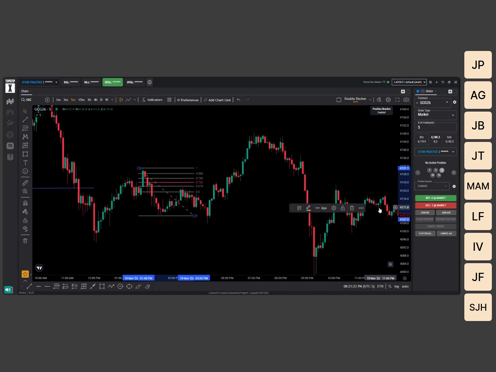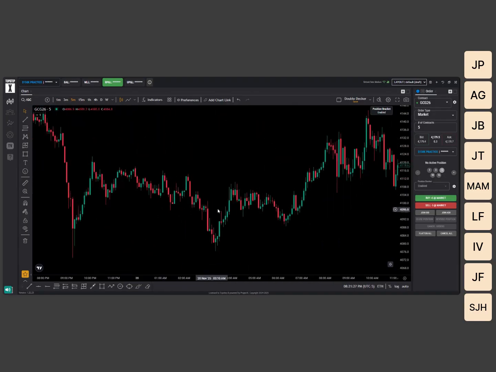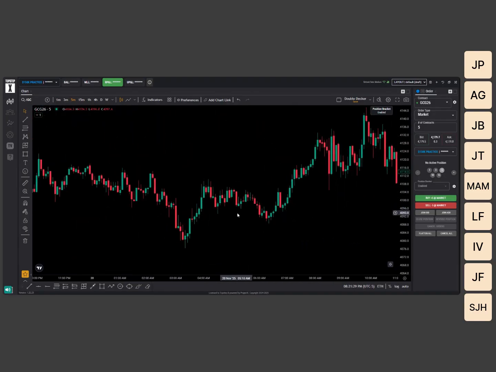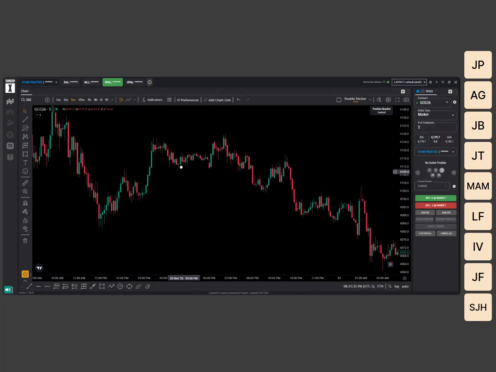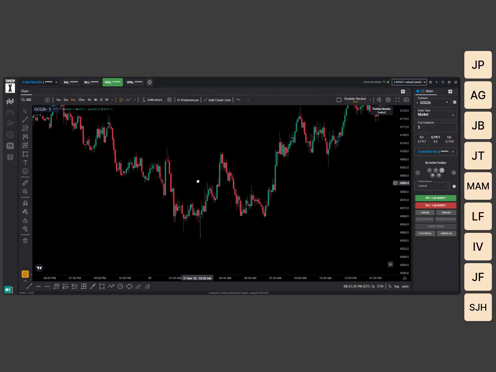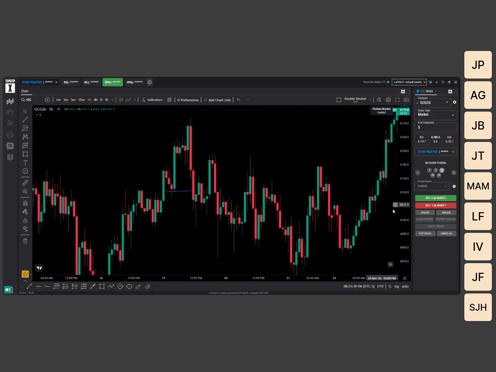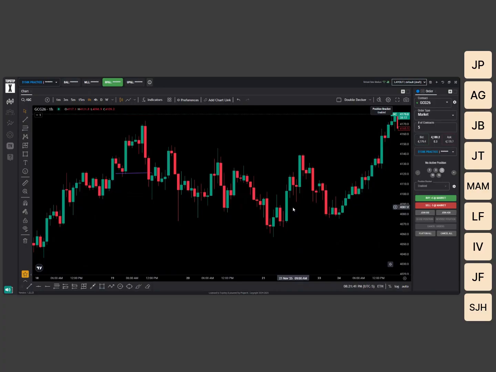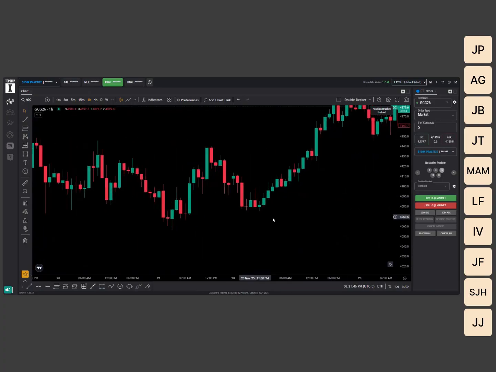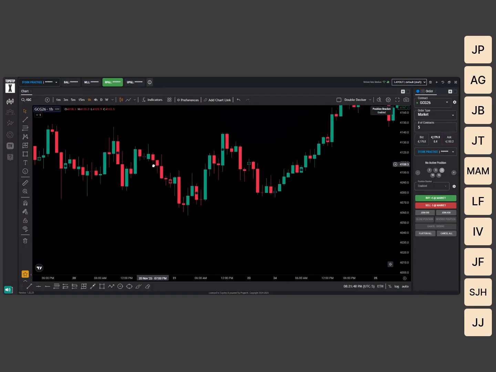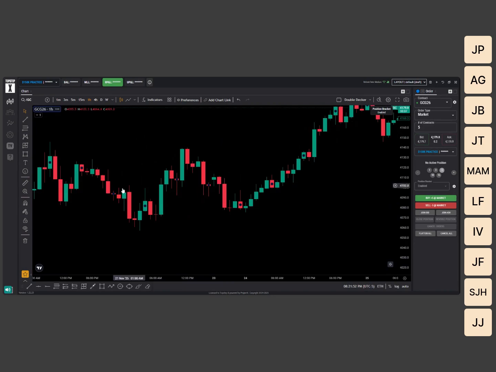Nah, there's no entries here. Oh, let's see. No, I don't like that. That's consolidation. Well, this low is higher than this, so we probably got something in here.